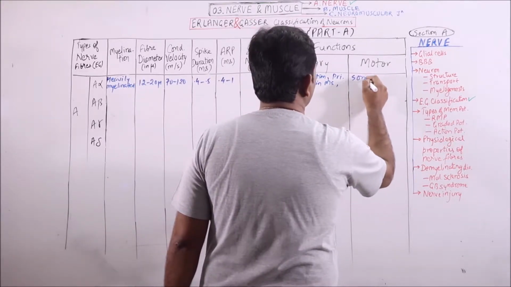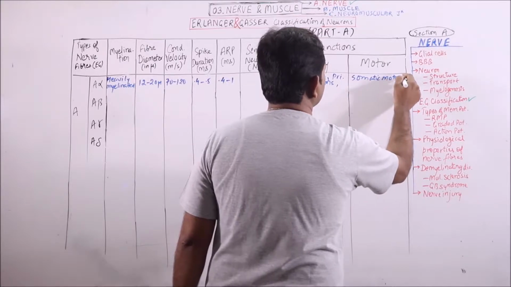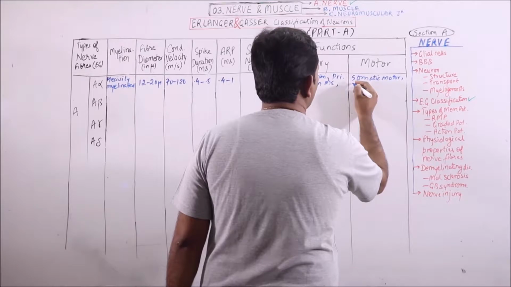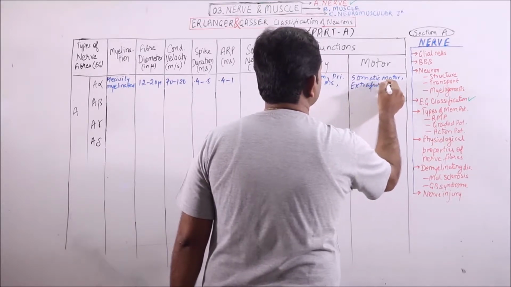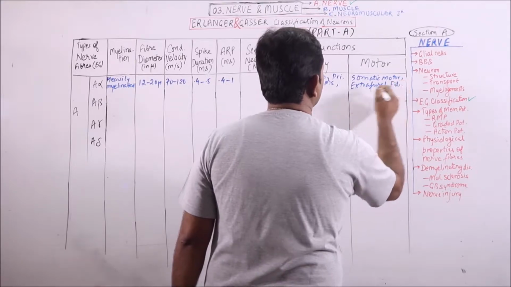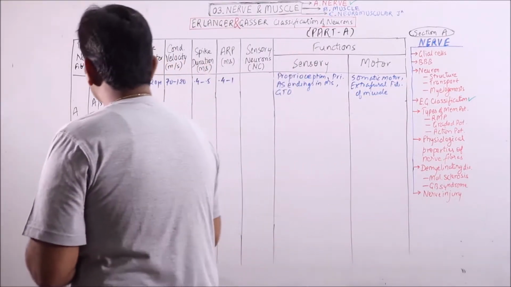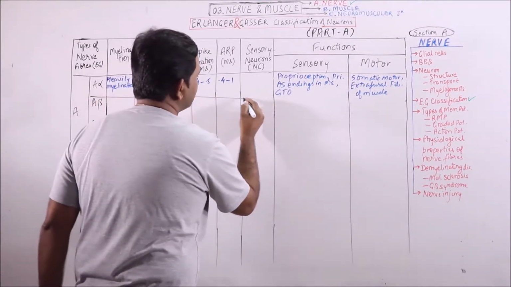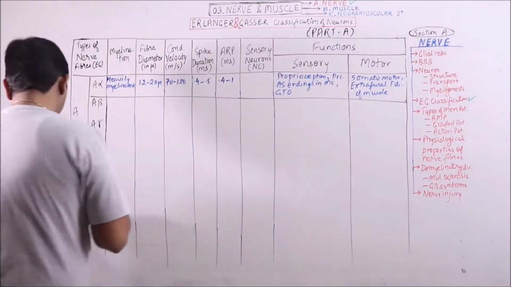Motor functions involve the supply to somatic motor functions, and then extrafusal fibers of muscle are also supplied by A alpha. So this is the A alpha nerve fiber.